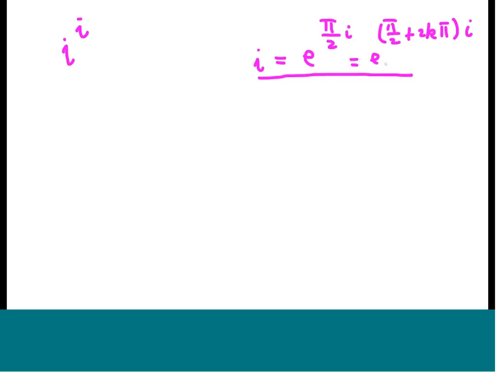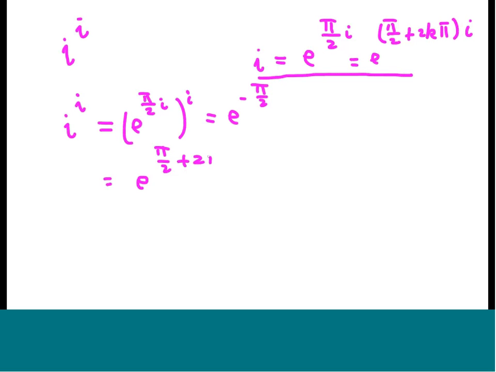So i to the i, this is really contradictory to whatever you learned so far. So i could be e to the (pi/2) i, then i to the i is e to the minus pi/2. There also could be e to the (pi/2 + 2 pi) i, then i to the i will be e to the minus 5 pi/2.